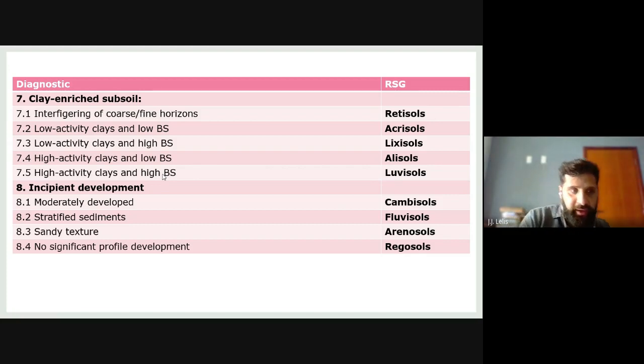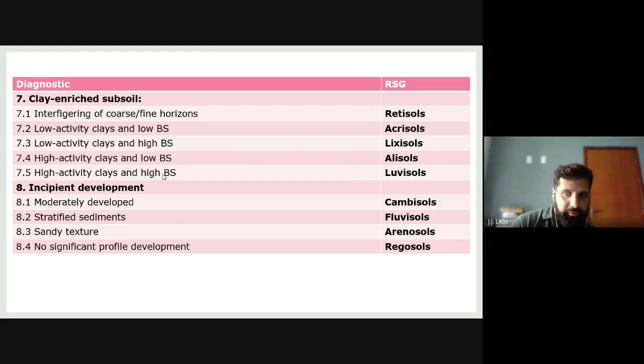Semi-arid regions host soils that are not so deeply weathered or leached. So in these cases we can find some soils with high activity clays and at the same time a high base saturation. Those soils are called Luvisols.